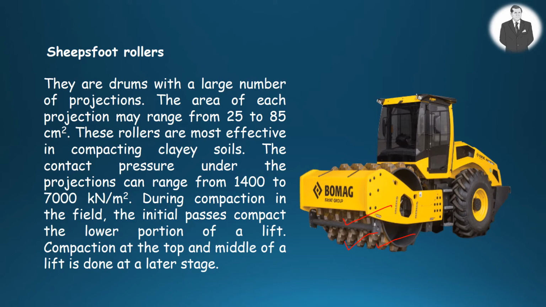The contact pressure under the projections can vary between 1,400 and 7,000 kilonewton per square meter. In the course of compaction in the field, the initial passes compact the lower portion of a lift. Compaction at the top and middle of a lift is fulfilled at a later stage.